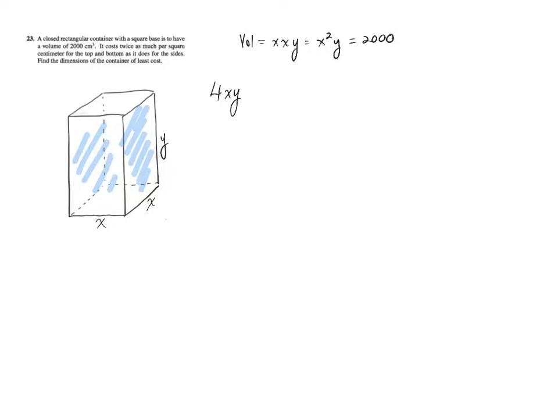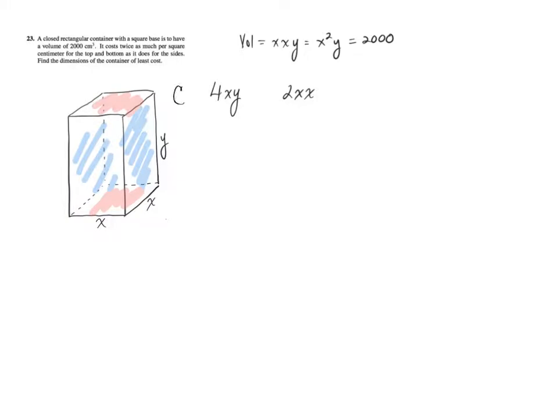The top and the bottom are those squares. We got one on the bottom and one on the top up here. Those guys are going to be x by x, and there's two of those. So we have two x by x's. Now, the red stuff at the top and the bottom, the cost there is going to be twice as much as the cost is for the sides.